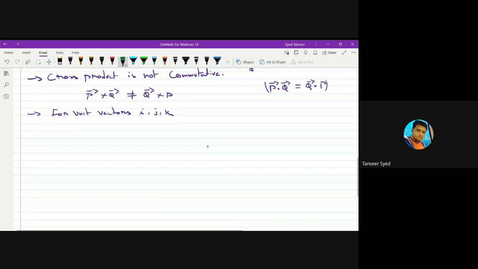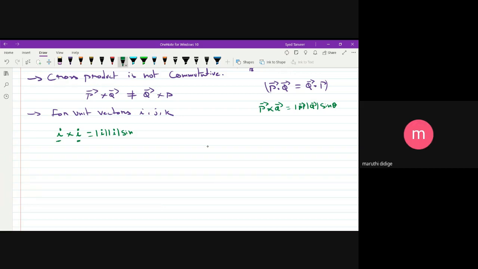If I do I cross I, vector cross I vector, don't read this as I into I. It is I cross I. As per the formula, P vector cross Q vector is equal to magnitude of P vector, magnitude of Q vector into sine of angle between P and Q. Applying that formula here, in place of P we have I, in place of Q also I. So magnitude of I, magnitude of I, sine of angle between I and I.